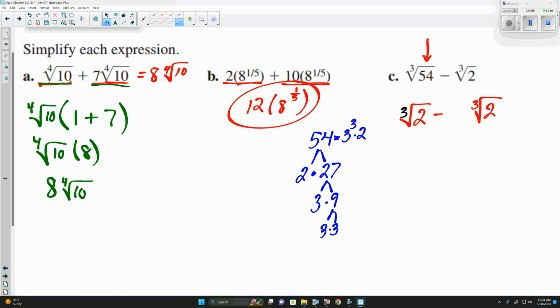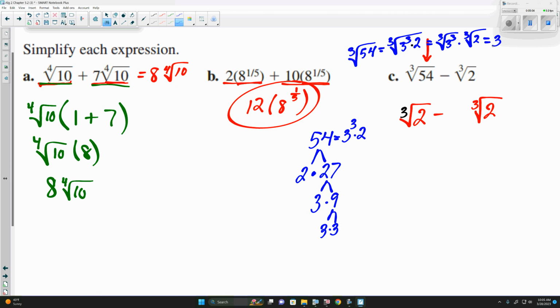Which means the cubed root of 54, if we wrote this in, is the same as what? The cubed root of 3 to the 3rd times 2. Well, what is the cubed root of 3 to the 3rd? So we have the cubed root of 3 to the 3rd times the cubed root of 2.